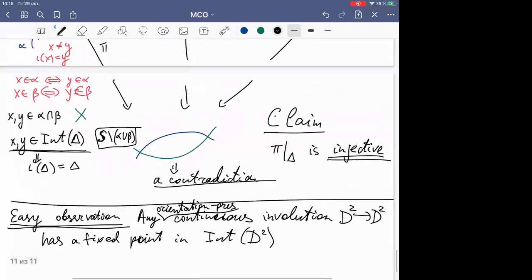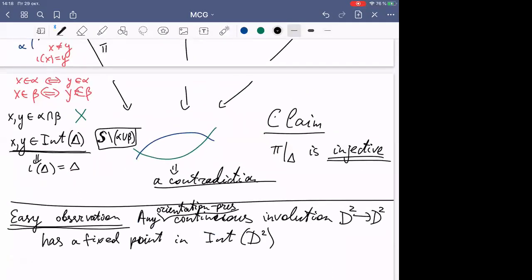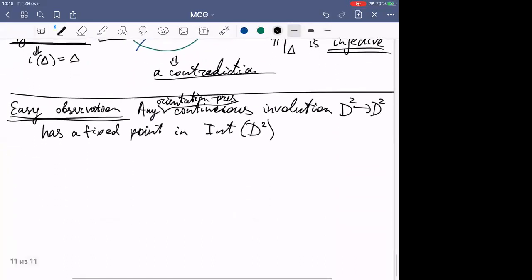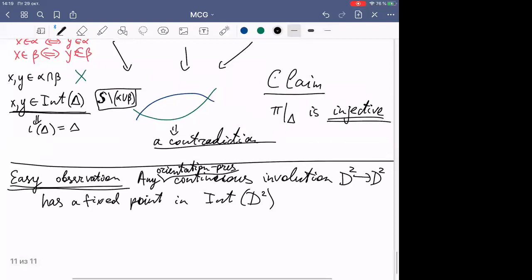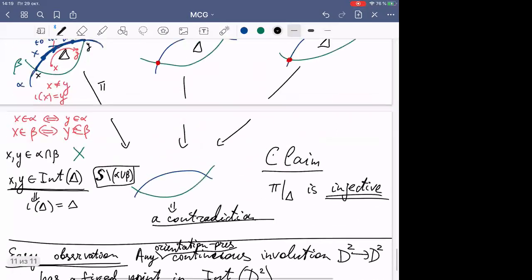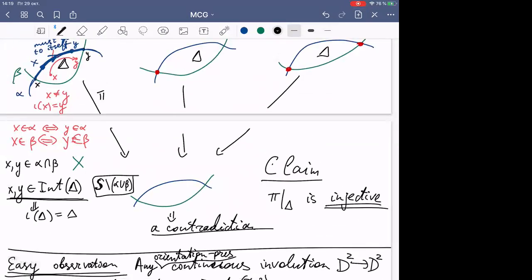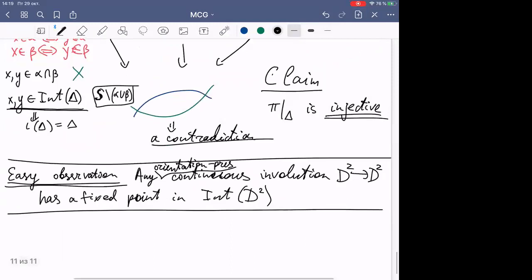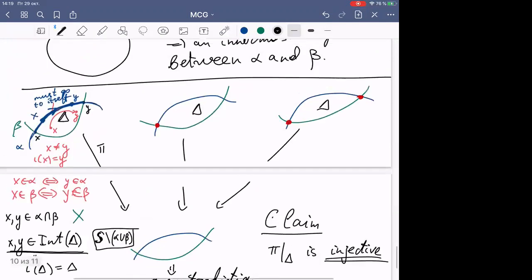It is possible, but even if a map is an involution, then if a map is an orientation preserving continuous involution, then it must have a fixed point inside, which is impossible since there are no fixed points inside. So this is an exercise. I'm sorry that my time is finished. And this exercise completes the proof of the lemma.